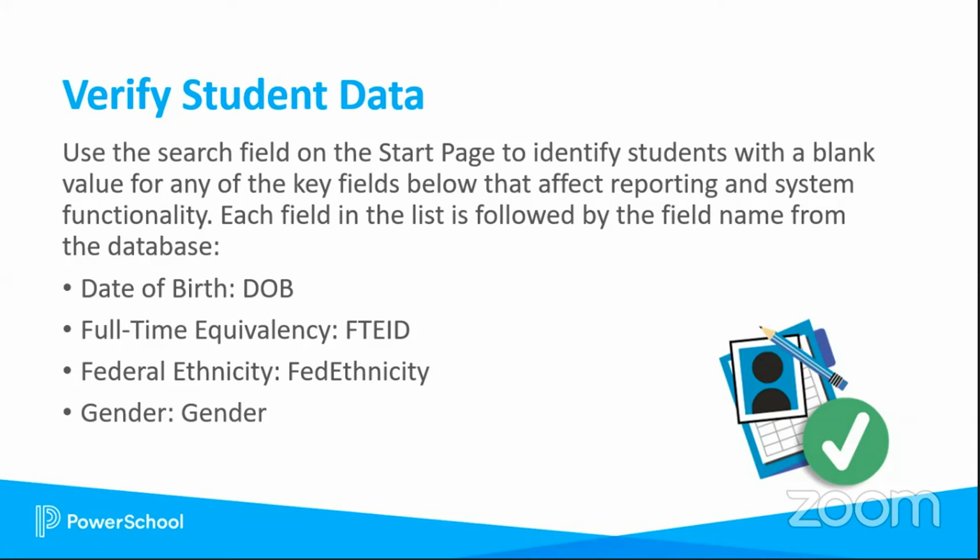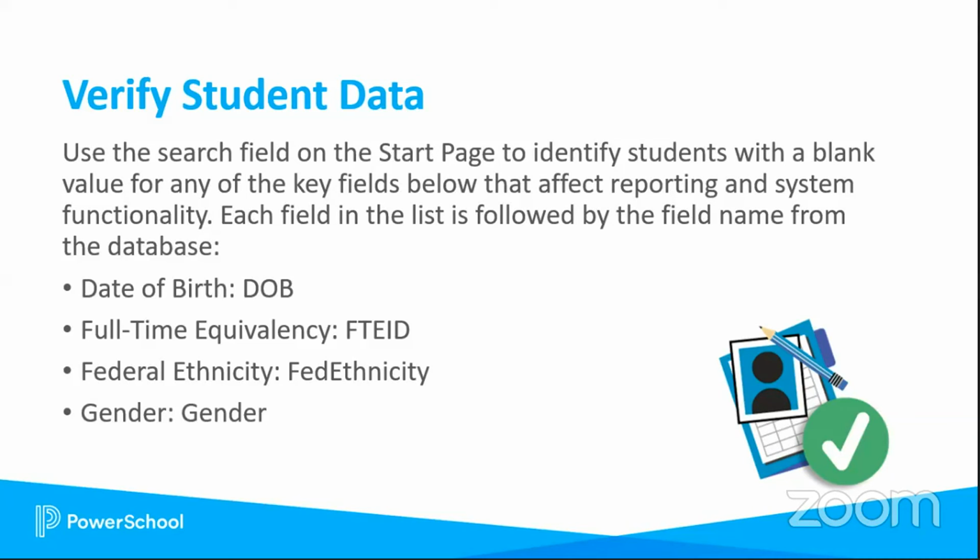The full-time equivalency, that's very important in the calculation of attendance. So if the FTE ID is blank, or if it's an FTE ID for the wrong school year, that can cause some attendance problems. But any field, and within PowerSchool on the start page, you have a view student fields, or a field list, and you can go to any field in that and find any blanks.